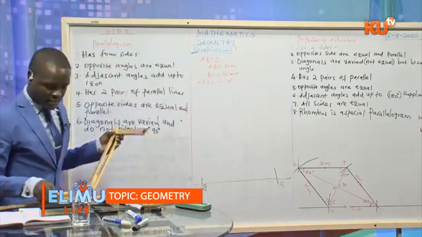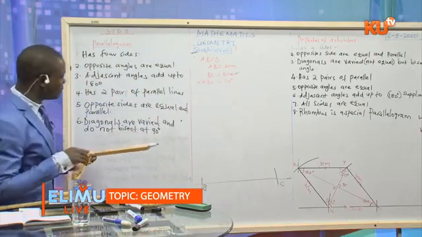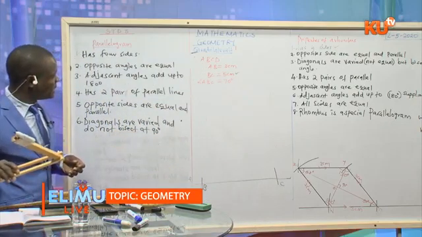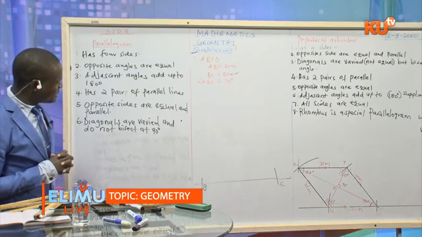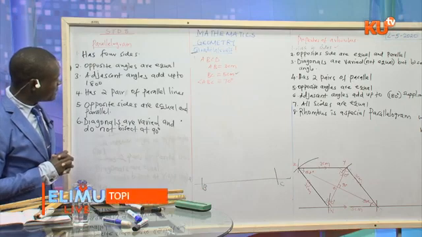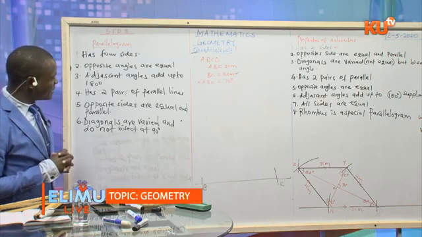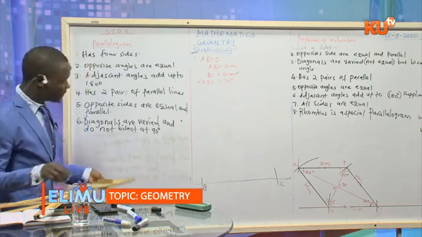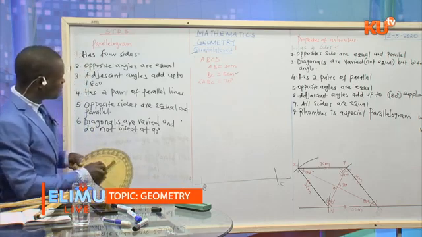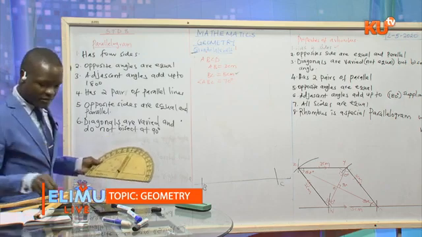And then we are told that line AB is 3 centimeters. Now, first I want us to measure the angle ABC, which is 70 degrees.